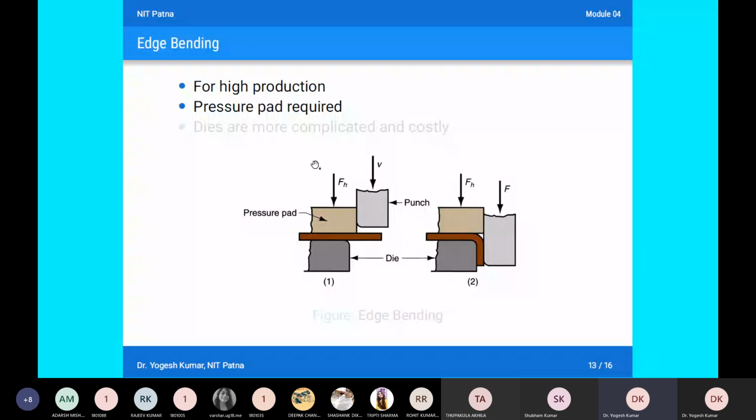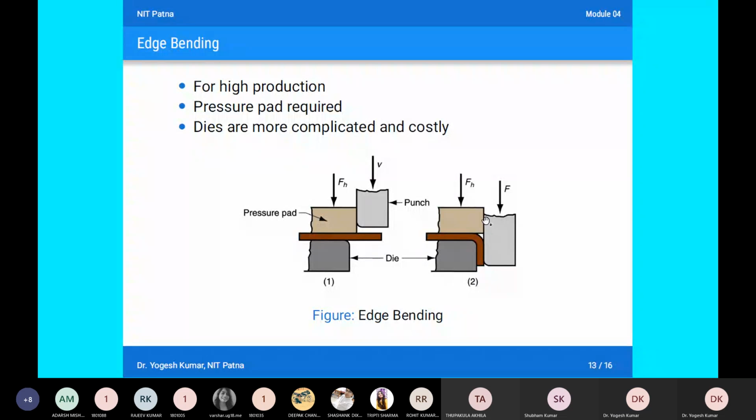In the case of edge bending processes, the die shapes are complicated, and as we know, the cost of a die increases with the complexity of the die. So these dies are costly, which results in an increase in the cost of products which are produced using the edge bending process.